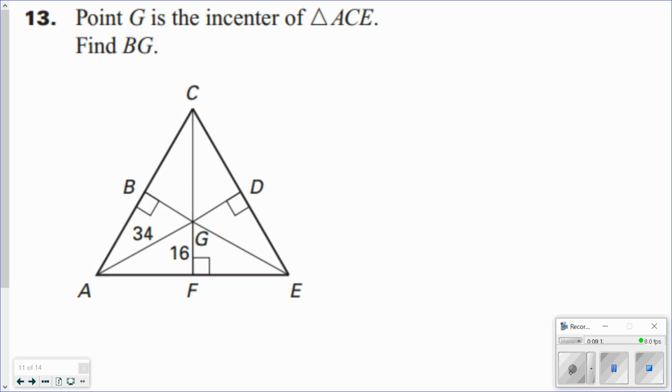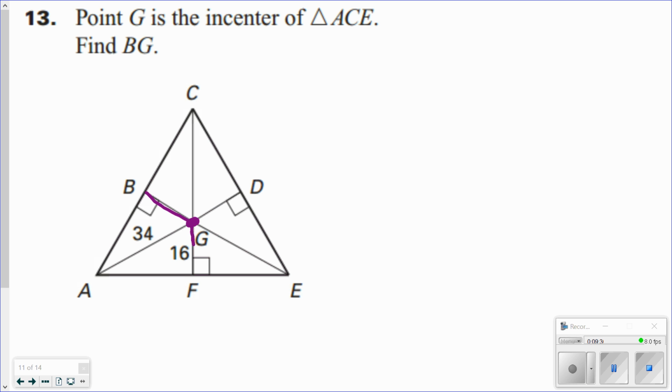All right. So point G is the incenter of triangle ACE. We want to find BG. So BG is this segment right here. All right, so point G is the incenter. What would BG be equal to?